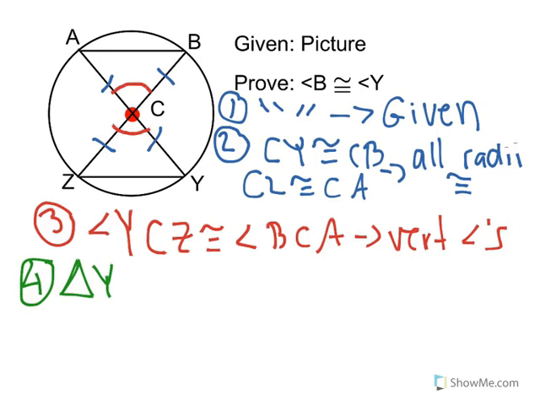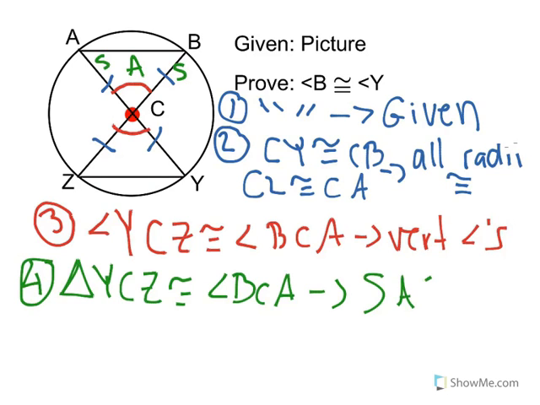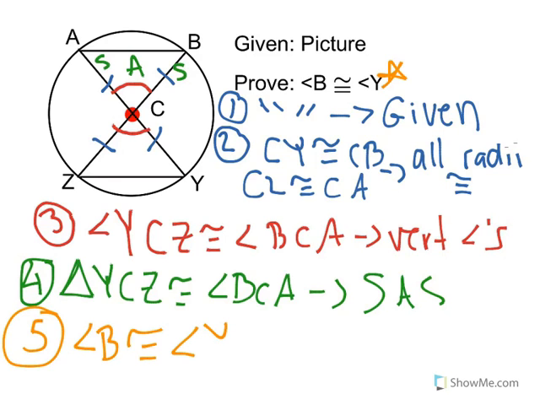So triangle YCZ is congruent to triangle BCA, and that will be because of side, angle, side. So SAS. And now that the triangles are congruent, I can get to my last step right here, making sure you end with what you want to prove. So angle B congruent to angle Y, and that will be because of CPCTC.